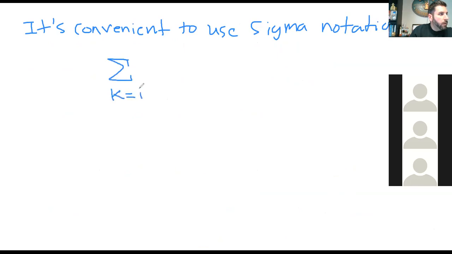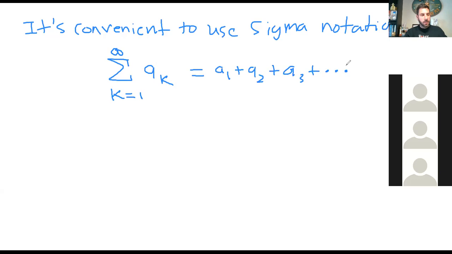The sum k goes from 1 to infinity. This is the shorthand for what we just wrote down. So you might have to get your mental time machines and go back to Calc 1 when we defined integrals and we used these sums.